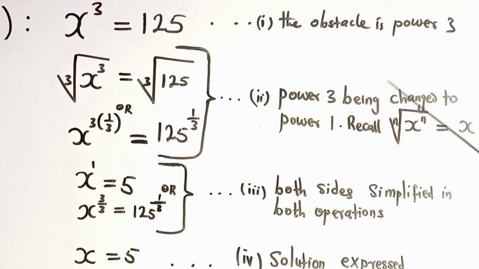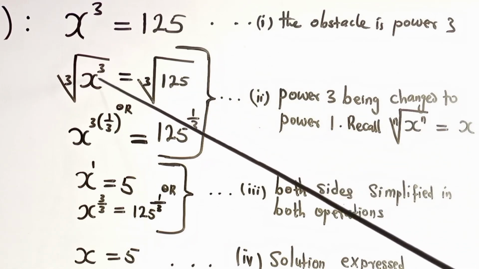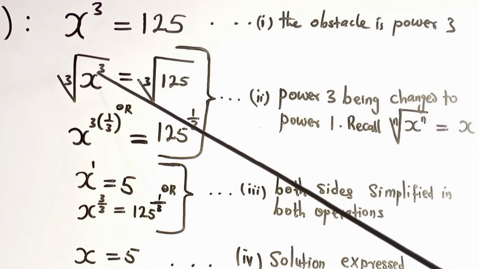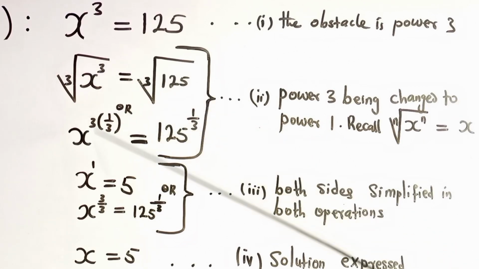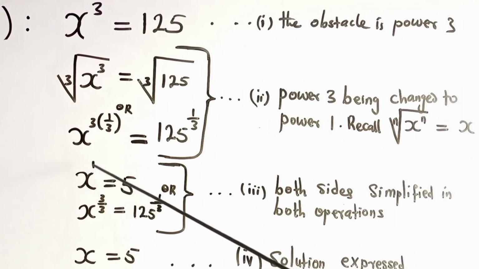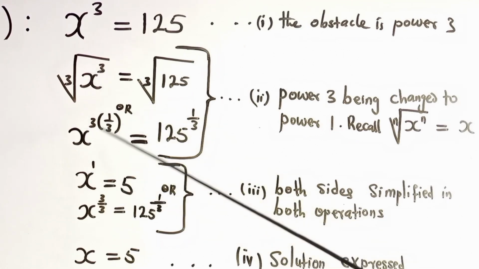So if we say clear powers, I mean change powers to 1. So let us apply this formula to clear the power from this x to the power 3. Then after everything, the result should become this, that is x to the power 1, which eventually, when written in a simple way, will give us just x alone.